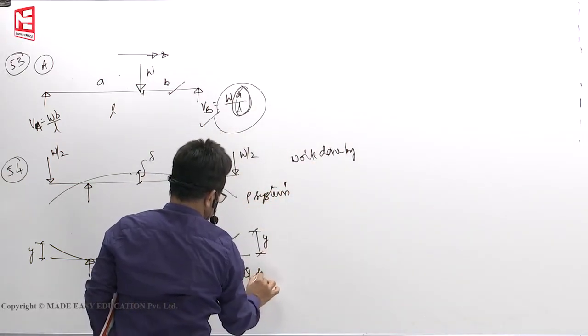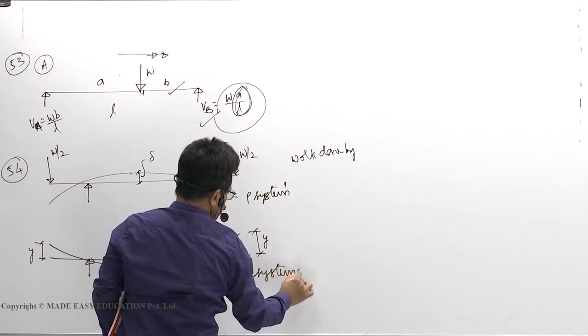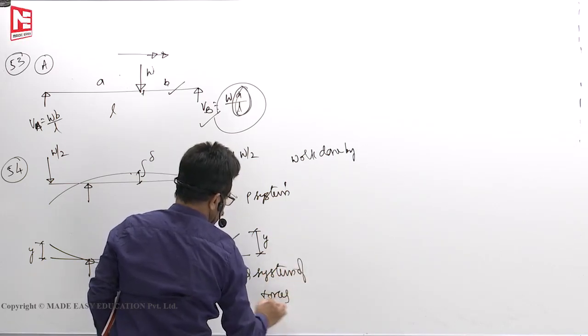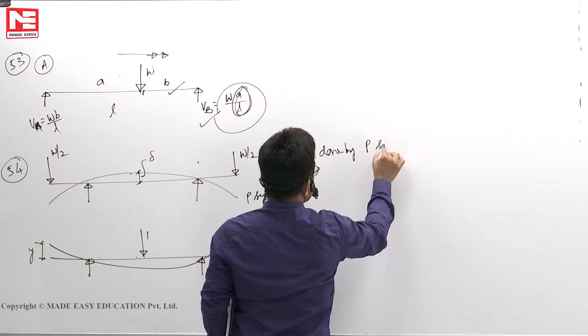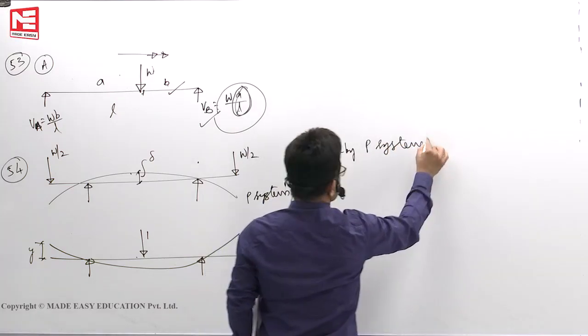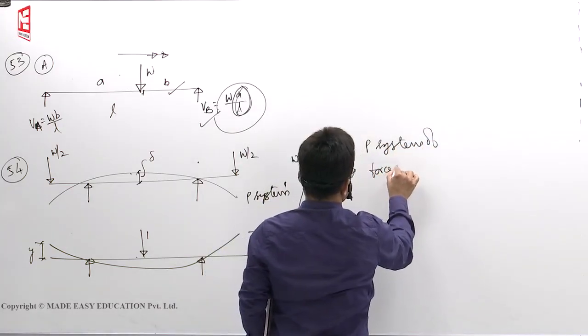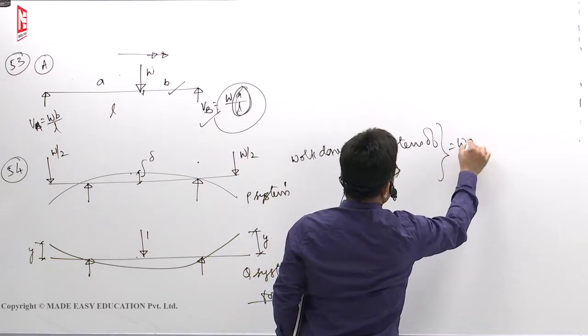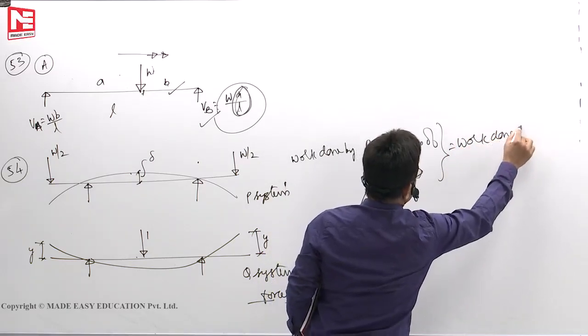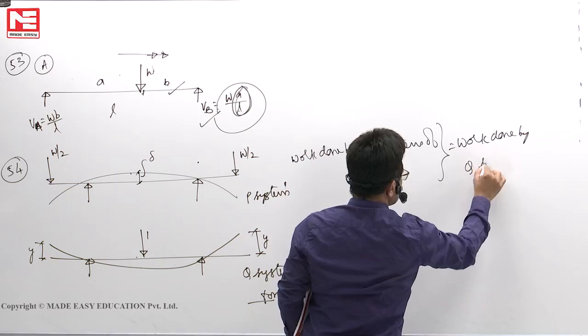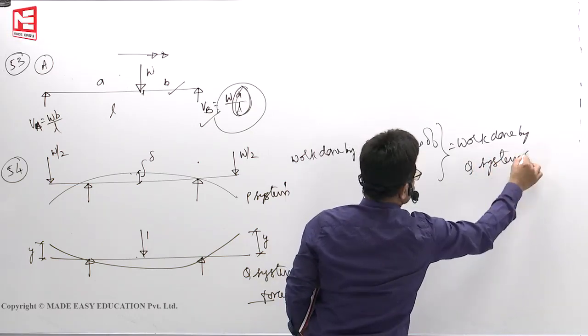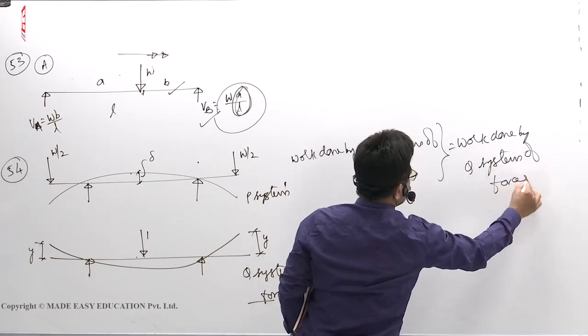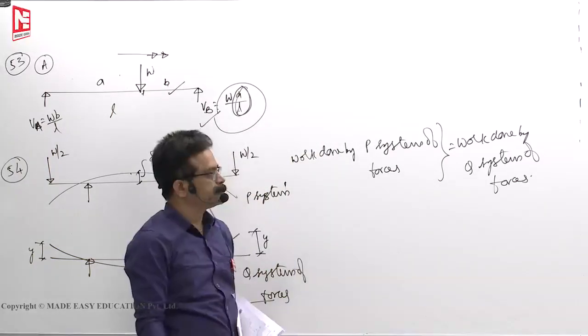This is the Q system. Work done by the P system of forces is equal to work done by the Q system of forces.